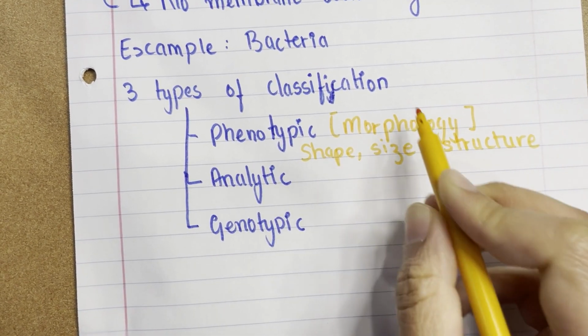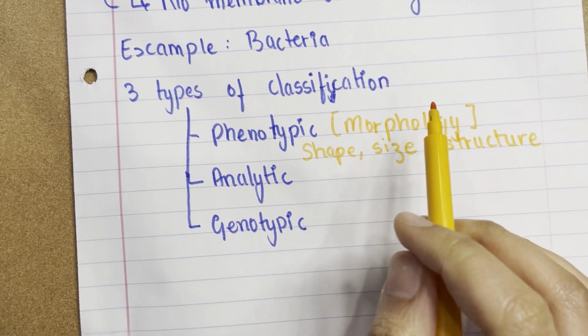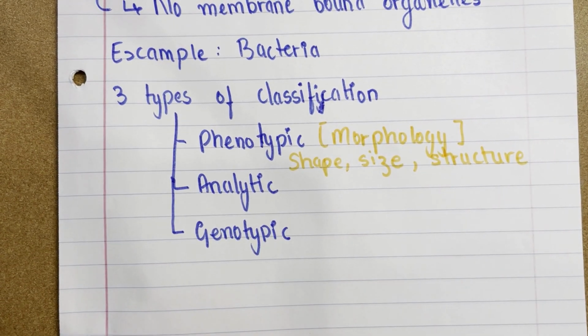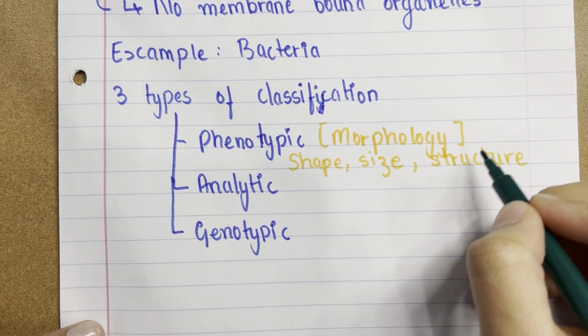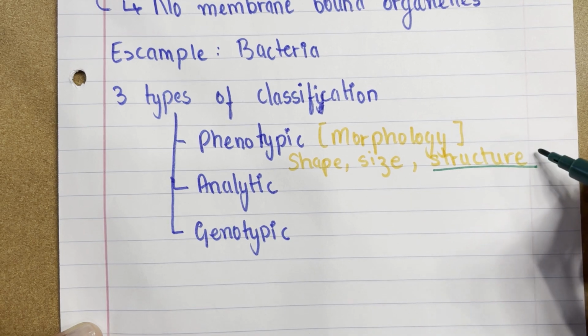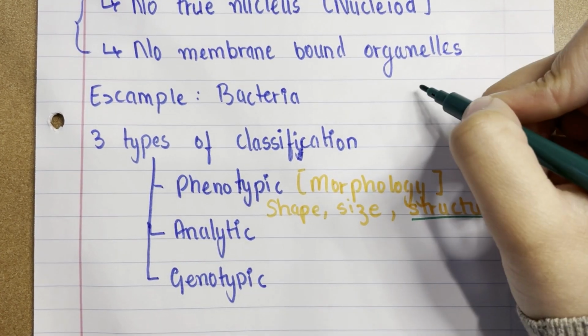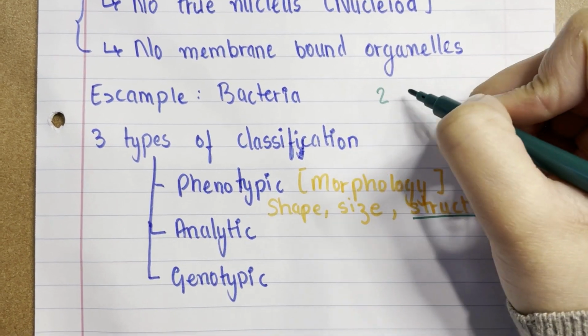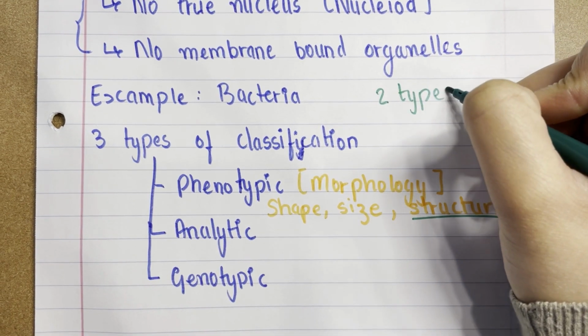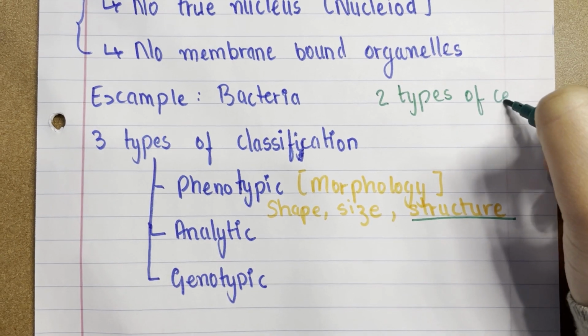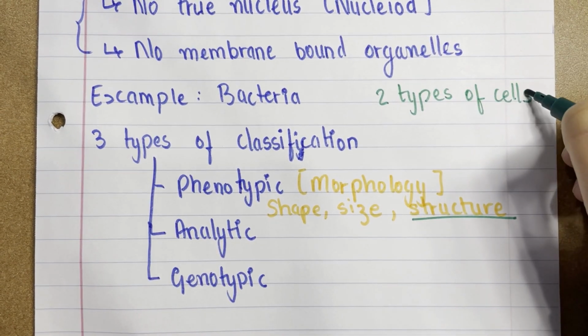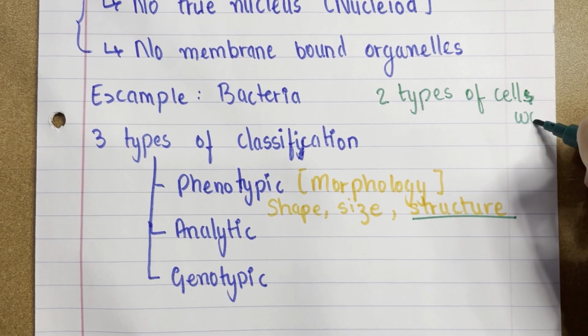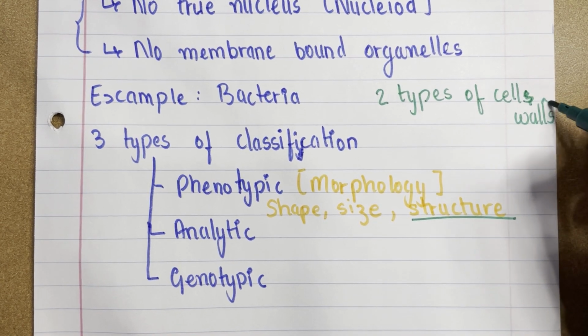And while we're at phenotypic classification, let us make sure that we are all on the same page with the structure, which is for example, the structure of the cell wall. There are 2 types of cell walls in bacteria.